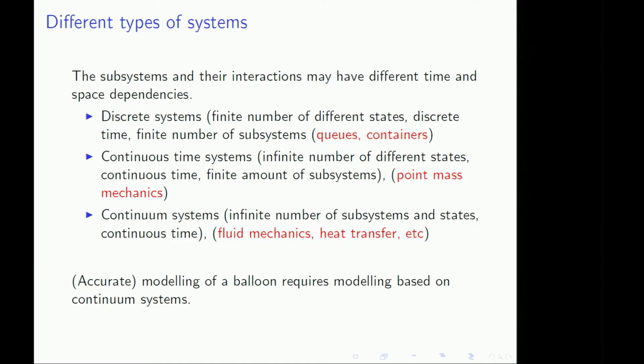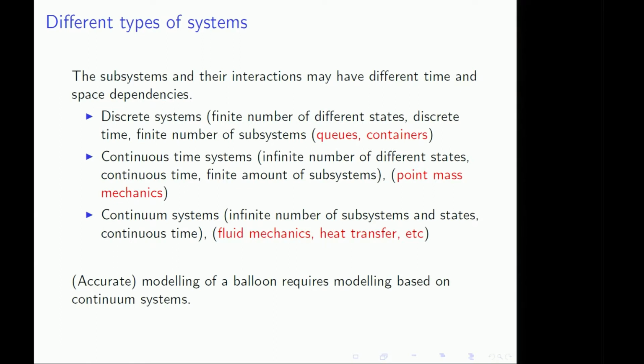Now returning shortly to the balloon, we can model the balloon in many ways. If we are selling balloons, we can model them as a warehouse accountant, just counting them as they are moving in and out from our warehouse or store. So it's a discrete model.